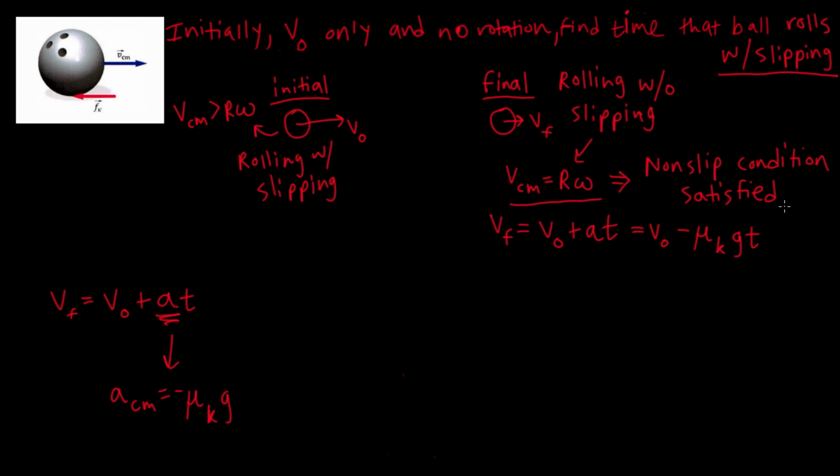We have to somehow combine this formula into our kinematic formulas in order to satisfy the non-slip condition. And so recall back earlier that for the initial state of the object, the non-slip condition was not satisfied because the velocity of the center of mass was greater than r times the angular speed.